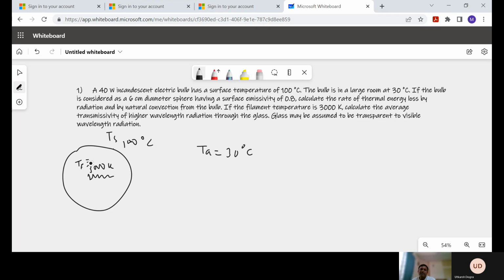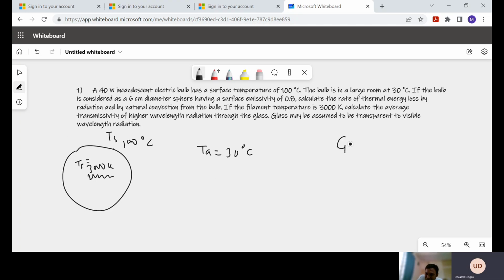So what makes this glass body of the bulb increase its temperature? Absorptivity probably. It absorbs. But what type of radiation does it absorb? It absorbs the radiation which is not there in the visible range.